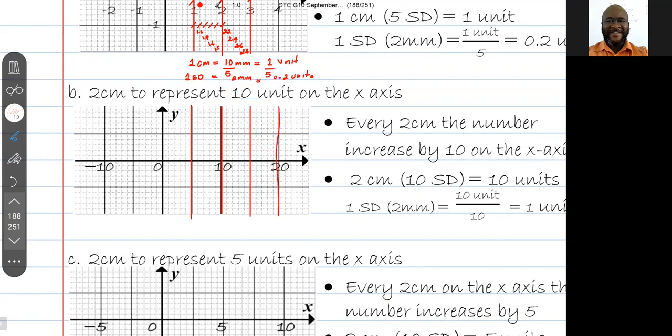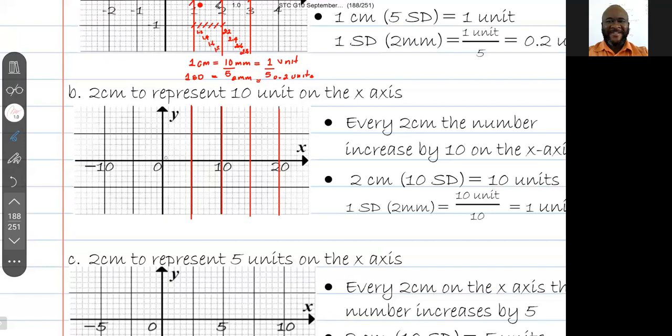The scale is 2 centimeters to represent 10 units. And what that simply means is that every 2 centimeters on your graph sheet, the number goes up by 10.